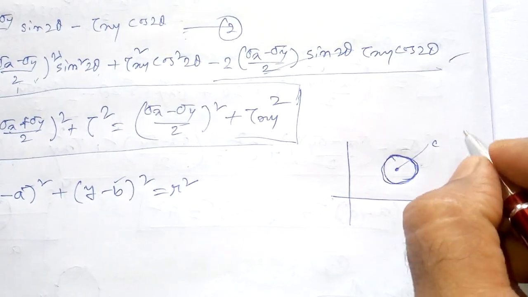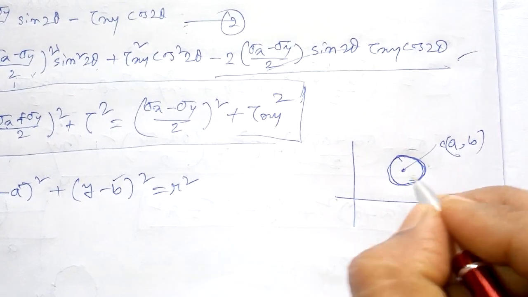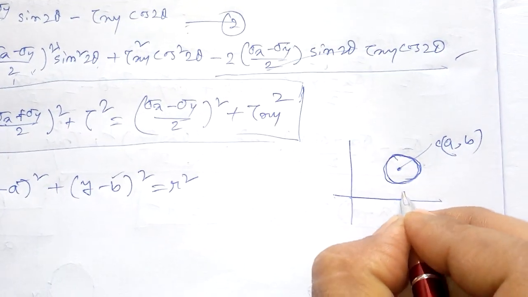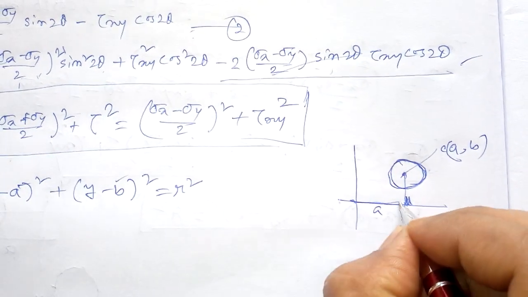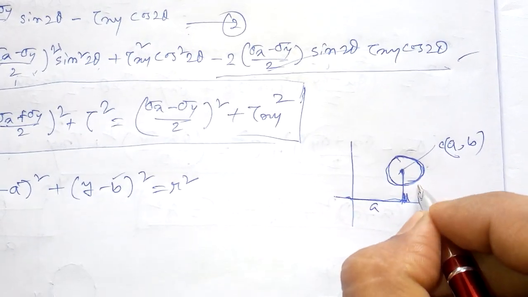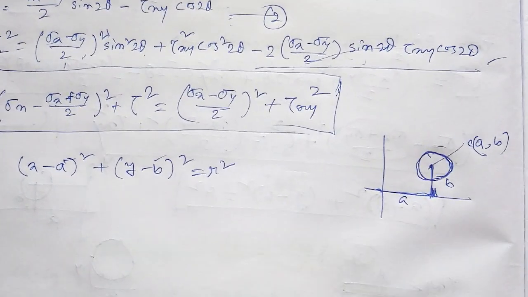Suppose the center is C, with coordinates a, b. That means from this to this is a, the abscissa, and this to this is b, the ordinate, right?